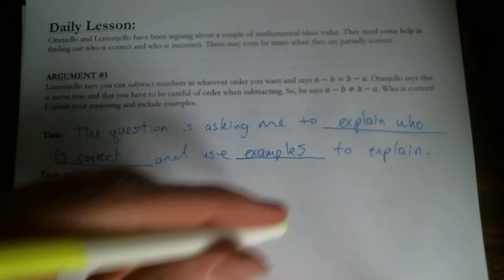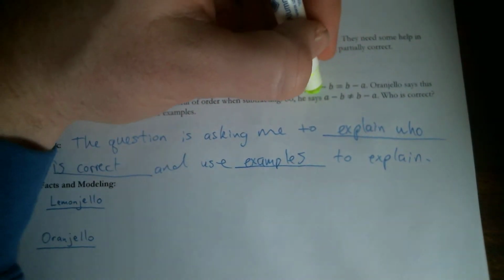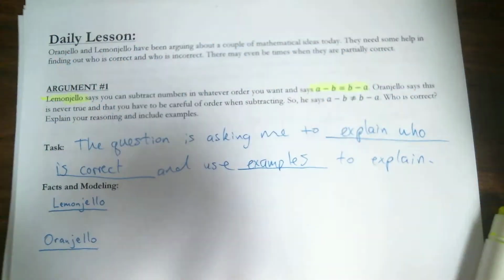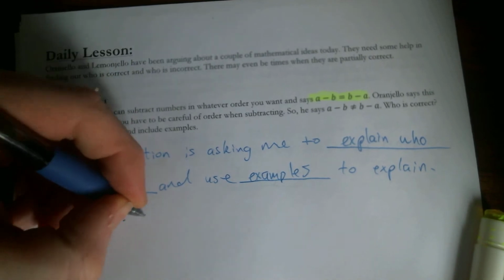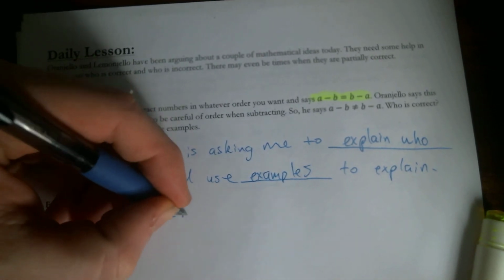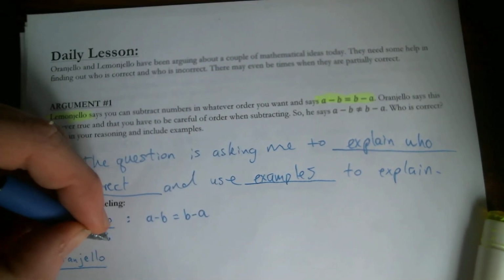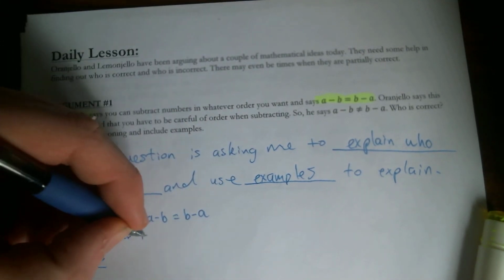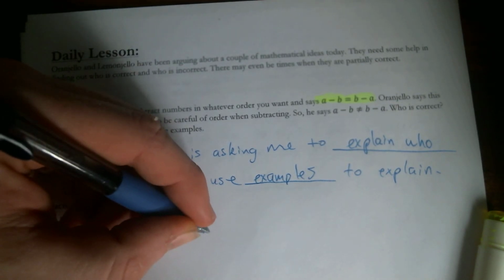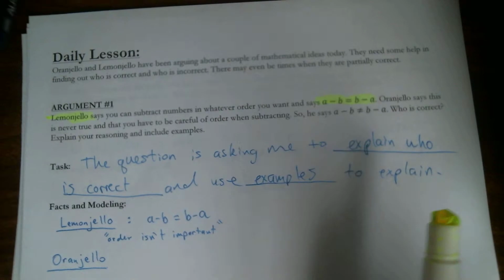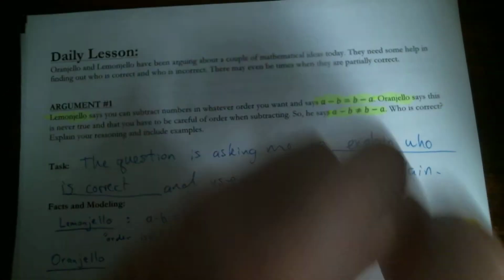So let's see if we know some facts. If I go back to my problem, I know that Mr. Lamangelo says this fact right here. He says order isn't important when subtracting. So he says A minus B equals B minus A. Meanwhile, Arangelo says this is to be true.